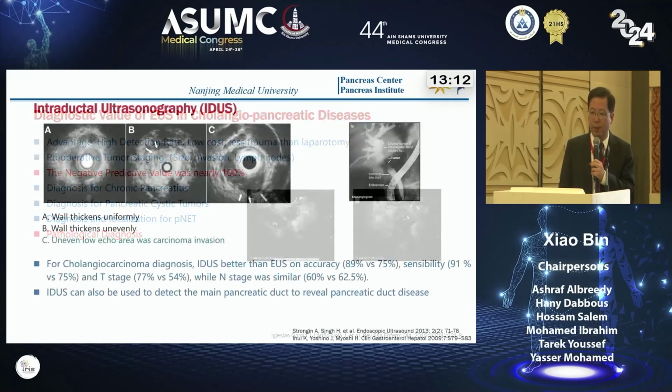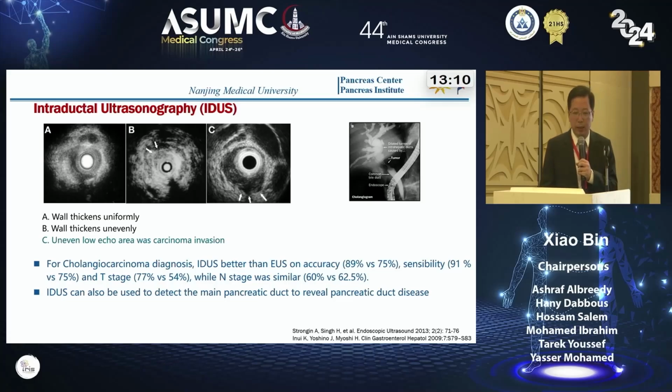Mostly EUS can offer FNA, which gives pathology results. Intraductal ultrasonography is a technique based on ERCP, and for cholangiocarcinoma diagnosis, it's better than EUS on accuracy, sensitivity, and T stage.